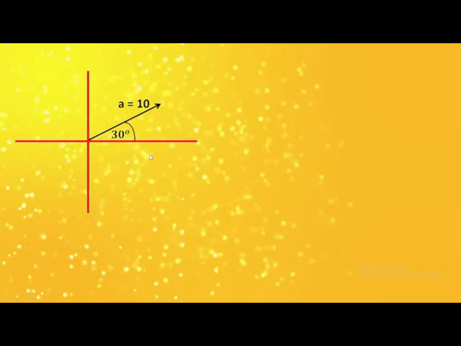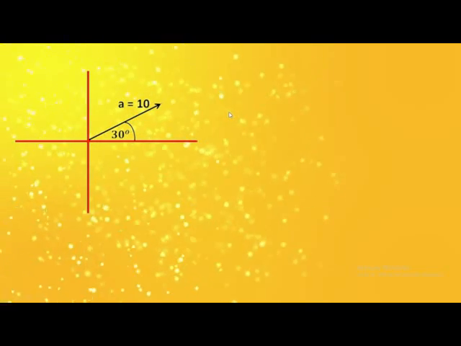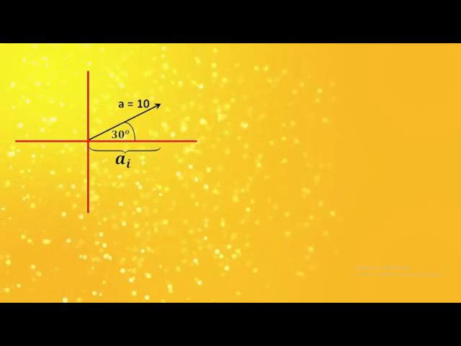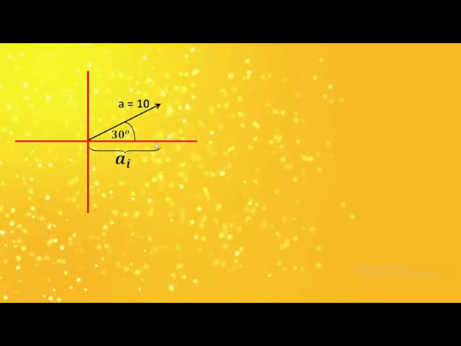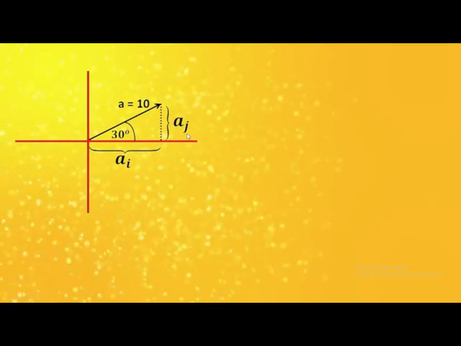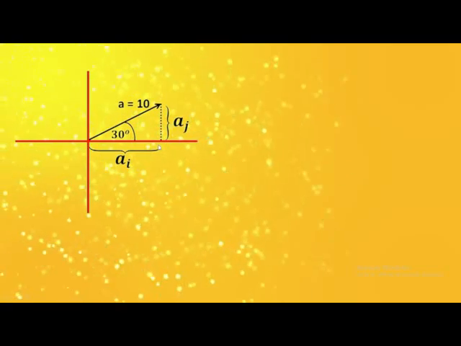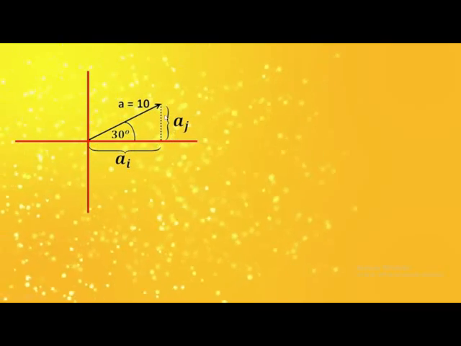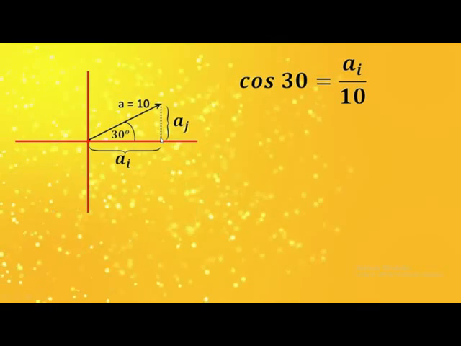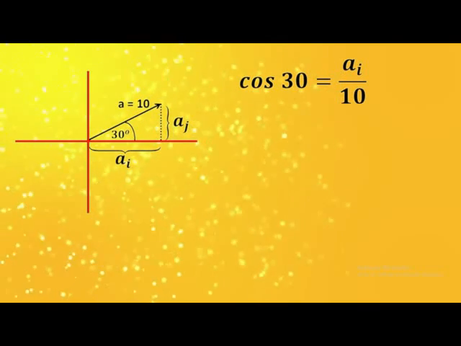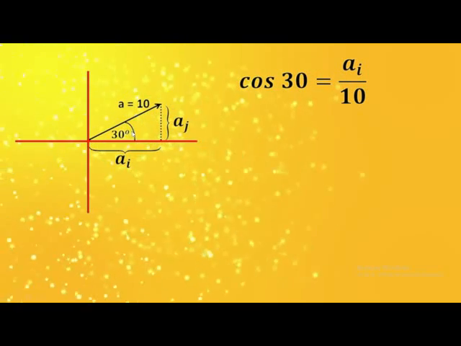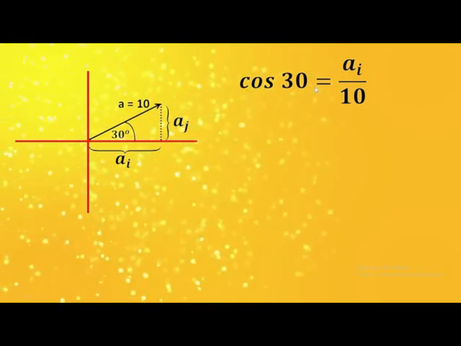In order to find the components of a vector, please follow these steps. First, we need to identify which part is the i component of A and which is the j component of A. So this part is the i component of A and this part is the j component of A. Now, as you can see, the i component is adjacent to this angle, so we use cosine.